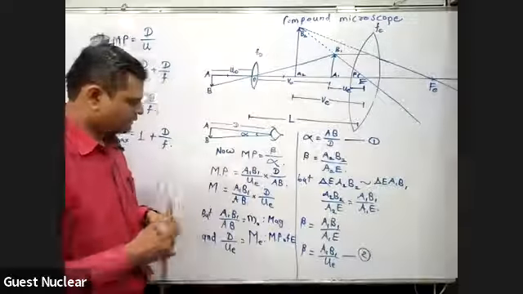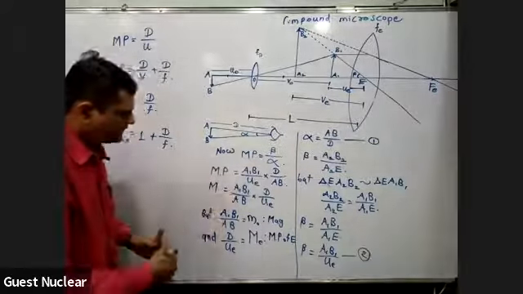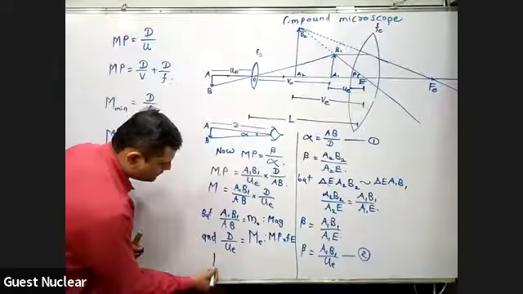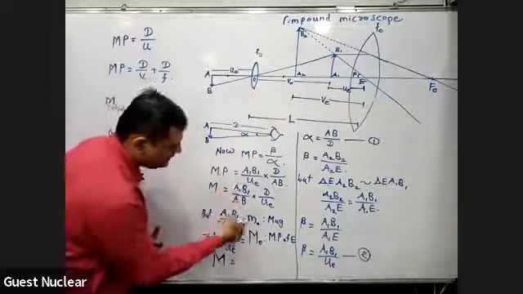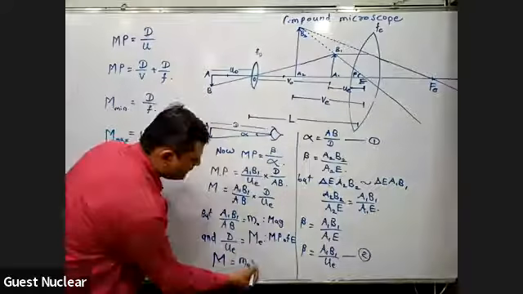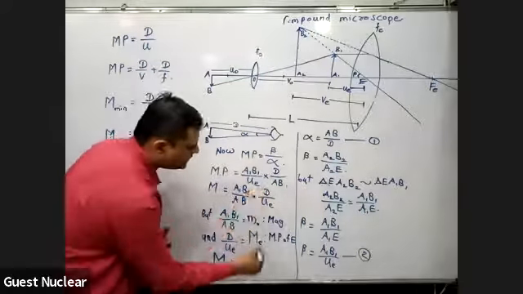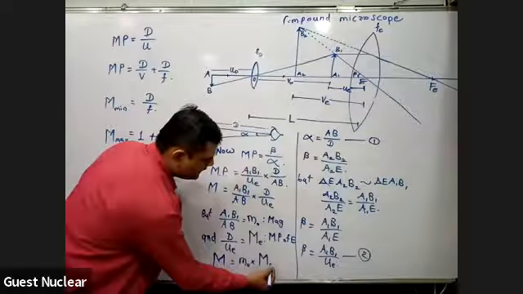Yes, so both of these terms have been put here so that we can get the magnifying power of the compound microscope, which is going to be denoted by M, equal to the magnification of the first objective multiplied by the magnifying power of the second lens, that is of the eyepiece, that is ME.